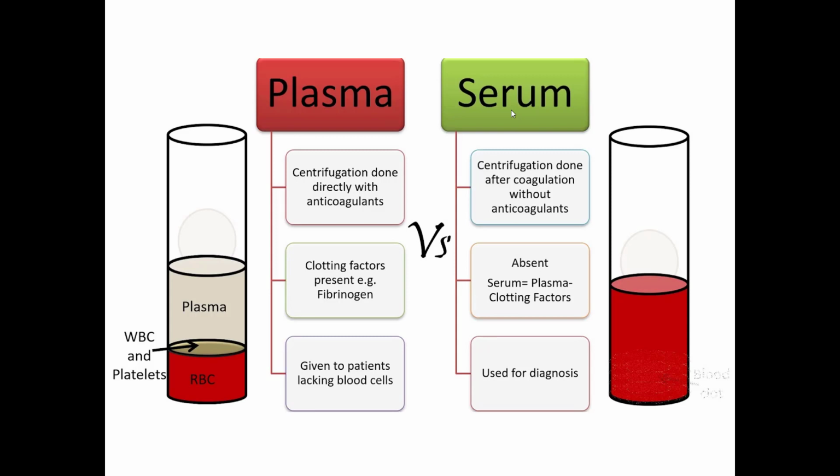We are not talking only about plasma or serum. We are talking about the complete blood. If we are talking about the coagulation factors, we are interested in the plasma. So in order to make a specific test, we have a pre-analytic phase in order to obtain the specific type of sample we need for this analyzer. So this is the main difference between plasma and serum.